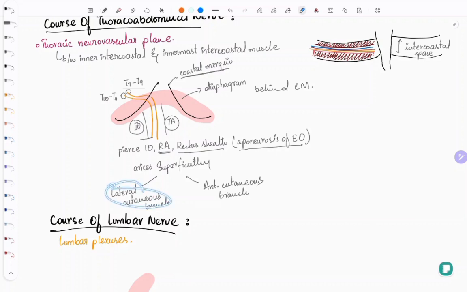The lateral cutaneous branch supplies the lateral abdominal wall and the anterior cutaneous branch supplies the anterior abdominal wall.